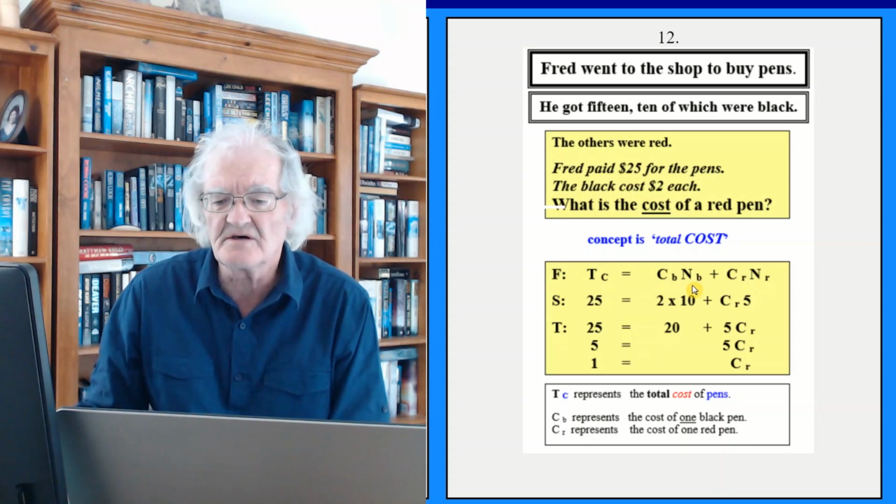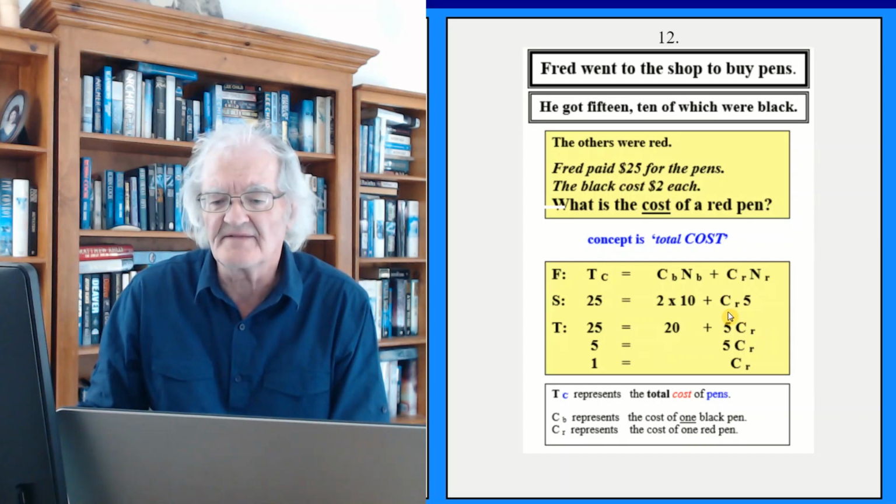So the total cost is made up of the cost of the black, cost of one black by how many of them we have, and the cost of a red pen by the number of red pens that's relevant. When we look at this equation and relate it back to the question, we can substitute the data. 25 for the total, $2 for a black, 10 of the black, 5 of the red.